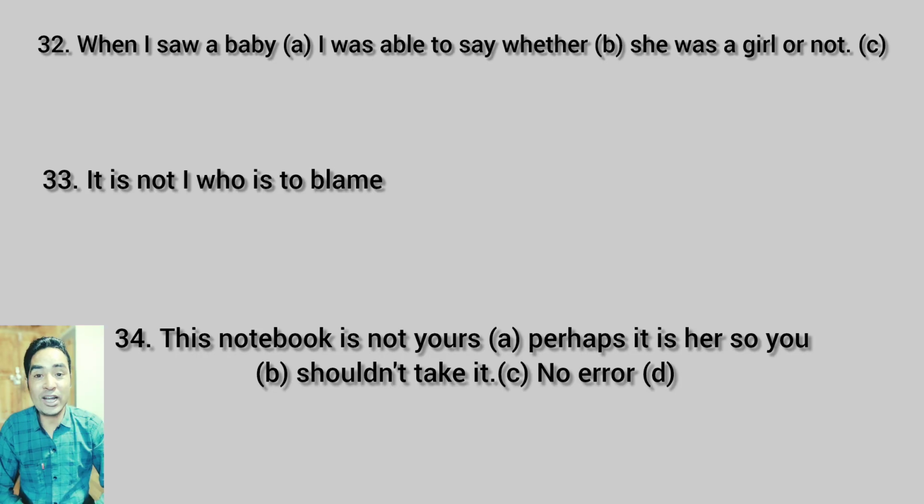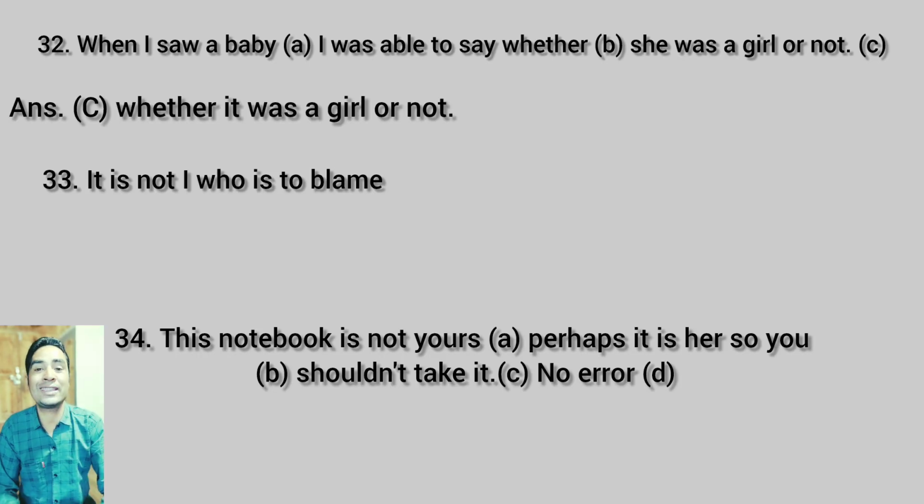If the gender of the baby, infant or toddler is known, in this case you can give gender to them. Guys, point to be noted: when you say this sentence, when I saw a baby girl, I was unable to say whether she is a girl, in this case you can use she.